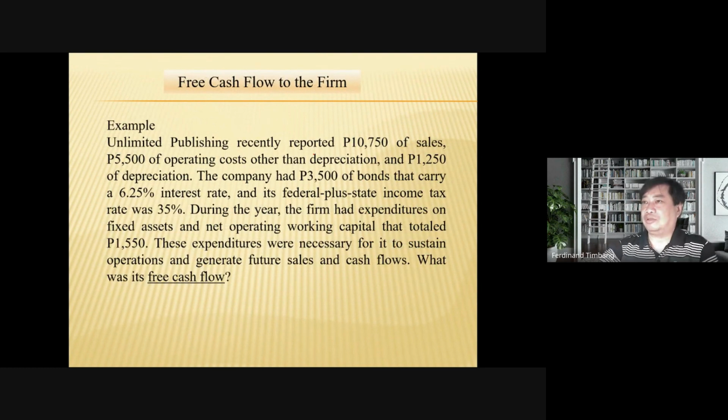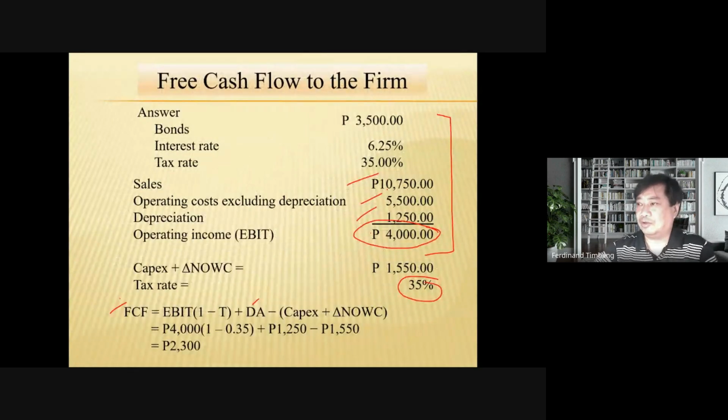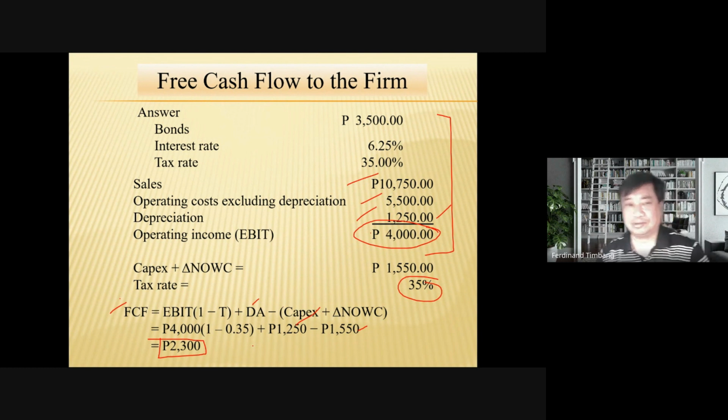Yung CAPEX ito, no? So yun siya, no? So yung CAPEX natin, yung 1,250, ito lang siya. And then we have the 1,550, which is given to us, no? So meaning the free cash flow is 2,300 pesos.